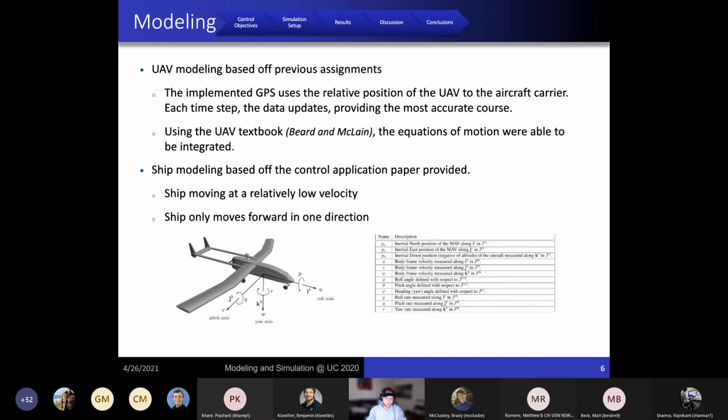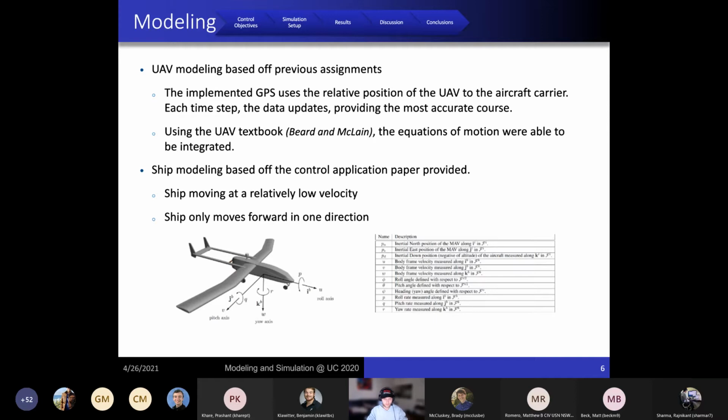In terms of modeling, we wanted to implement GPS usage into the UAV so it could calculate relative position between the two bodies. At each time step, the data updates so we can have the most accurate course, and the UAV can correct itself if any unfavorable conditions are experienced.